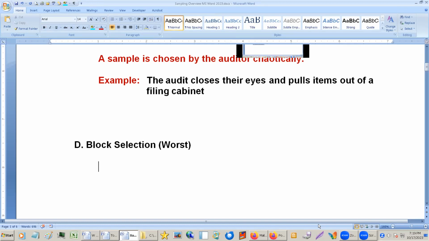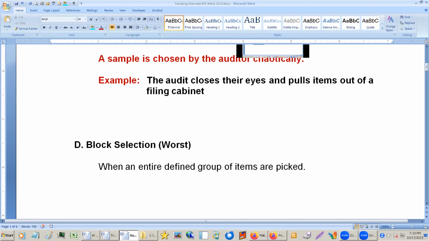Okay, block sample is when an entire defined group of items are picked.